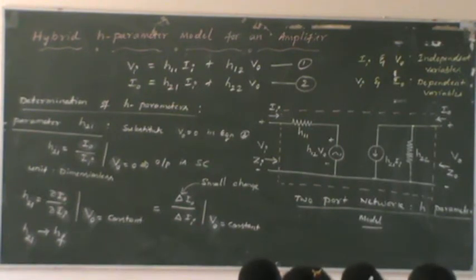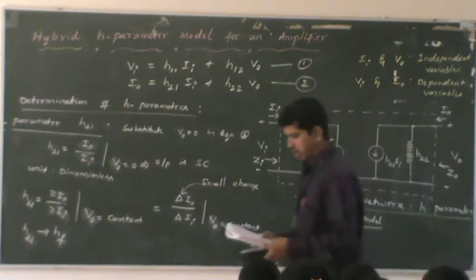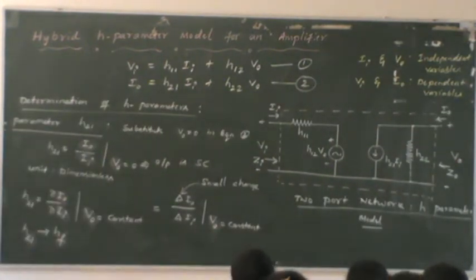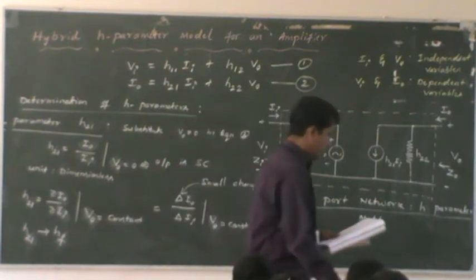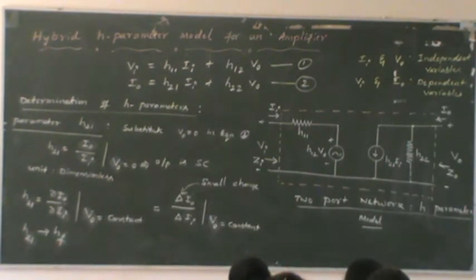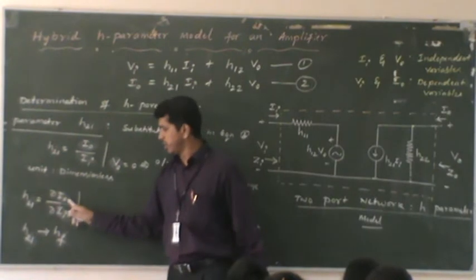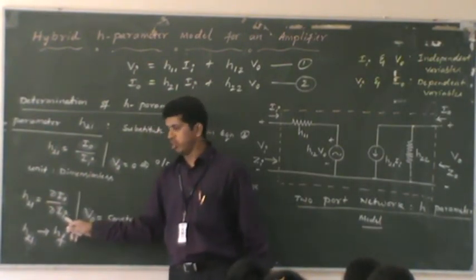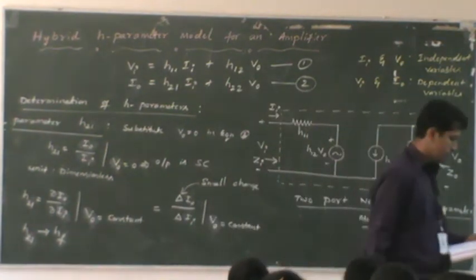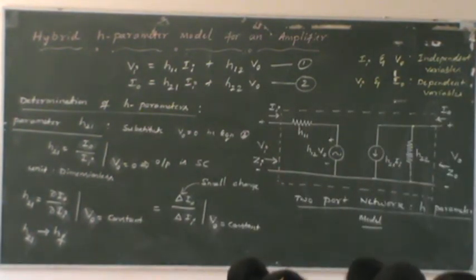Now we can define the parameter H21. The parameter H21 is defined as the ratio of change in instantaneous value of output current to the change in instantaneous value of input current, for a constant value of output voltage.